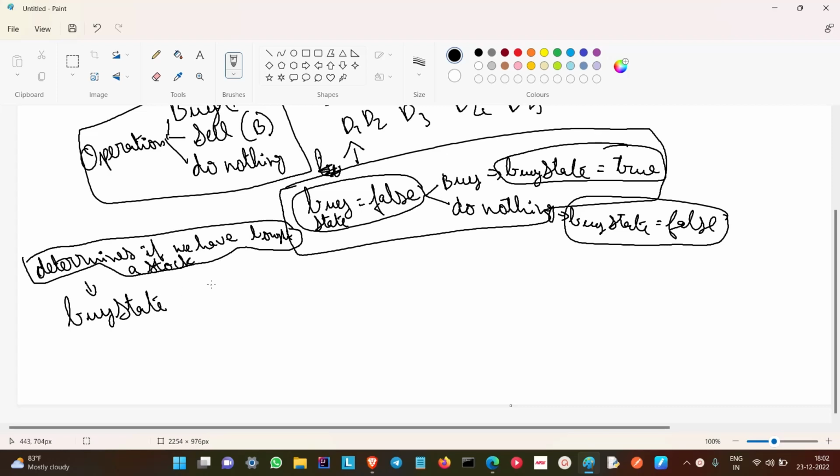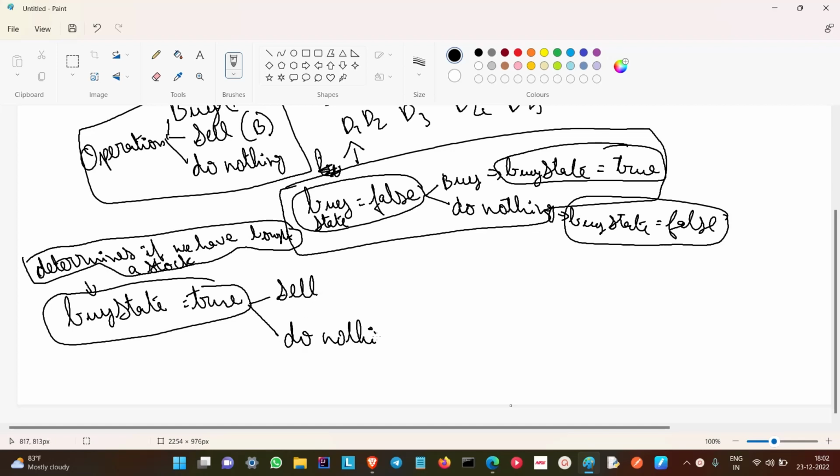If the buy state is true and we are in any day, we can perform two operations: sell or do nothing. These are the two things we can do. If we sell the stock, our profit will be added, so we'll get the profit that we have earned by performing the buy and sell operation.